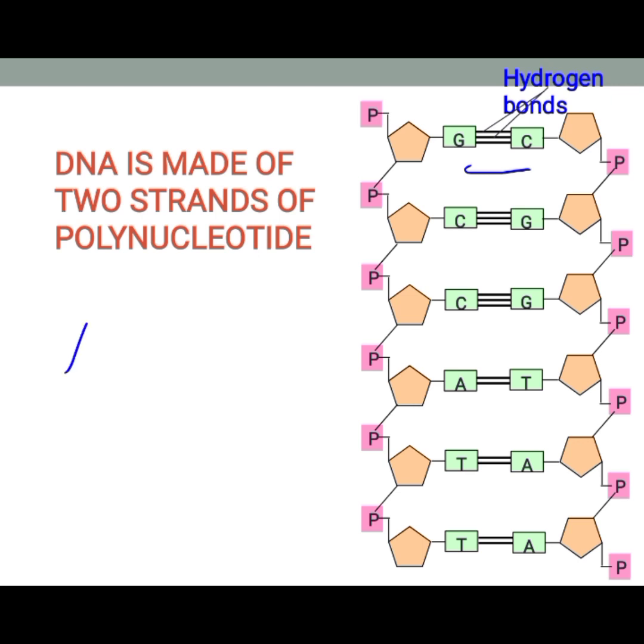So always the order is ATGC. That is, adenine is always connected to thymine, guanine is always connected to cytosine. It is a triple bond, it is a double bond. So this is ATGC. Always it will be like that. There won't be a combination between adenine and guanine or thymine and cytosine. It will be the same: adenine, thymine, guanine, cytosine.